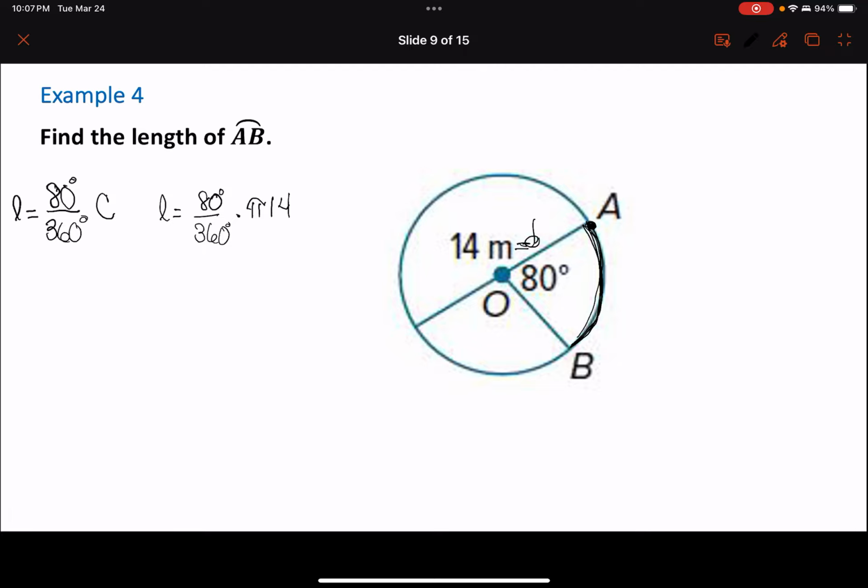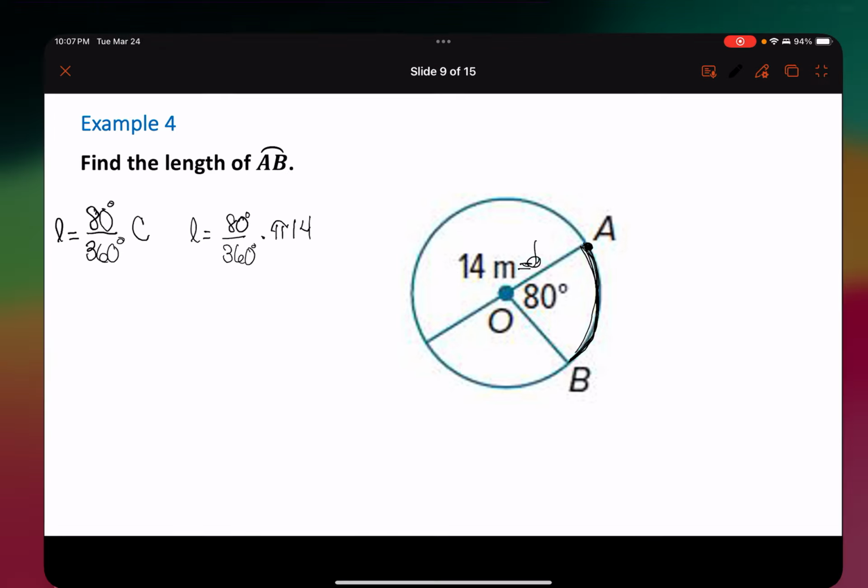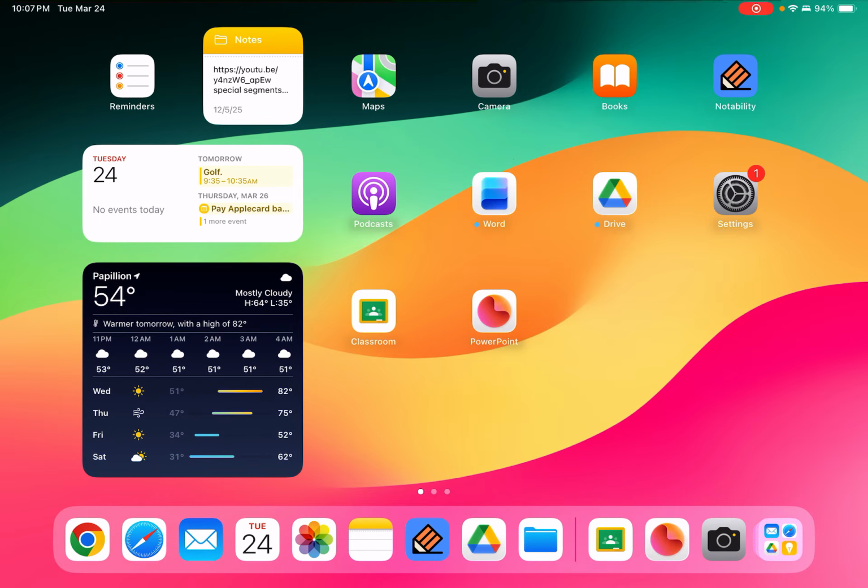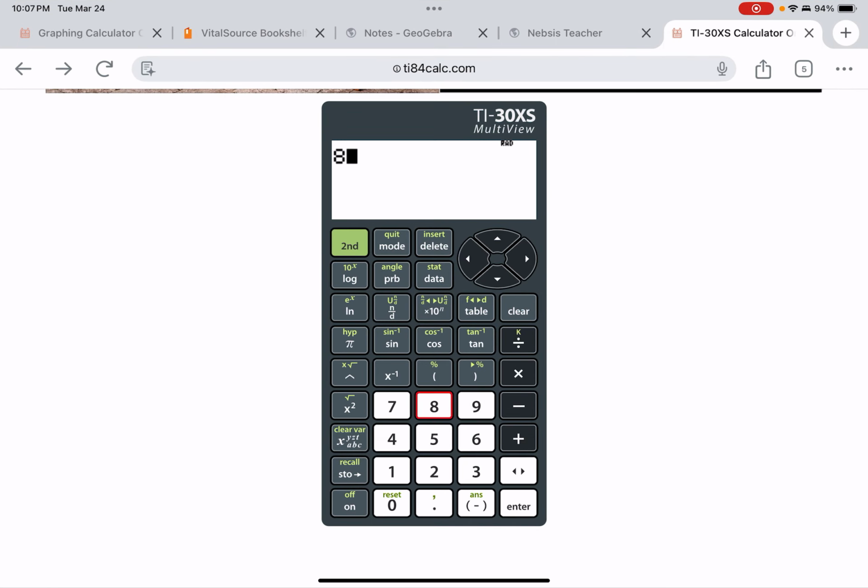So we can take 80 divided by 360 times 14 and then put pi at the end to leave it in terms of pi, or we can multiply the pi in. So 80 over 360 times 14 is going to be equal to 3.1 repeating.